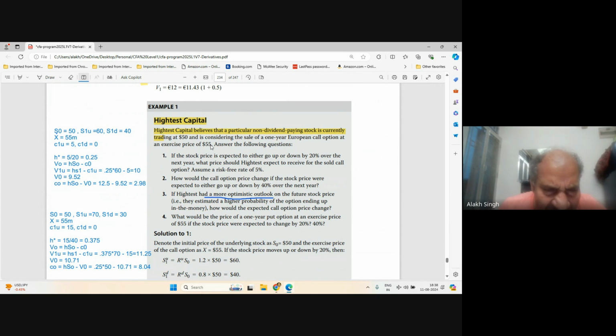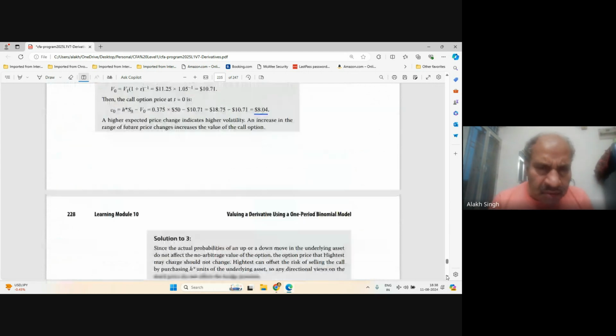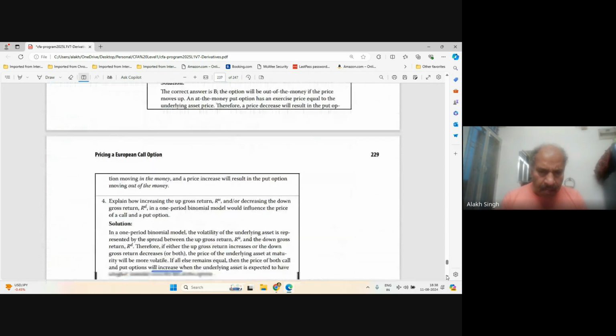So X is 55 and the up price becomes 60. So 60 minus 55 is 5. And the discount rate is 5%. Okay, so let's move on. What was the page? That was page 230.